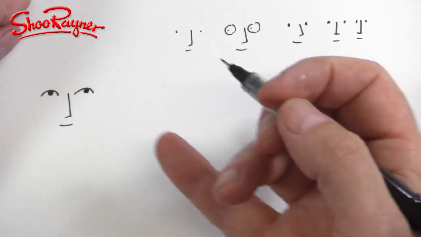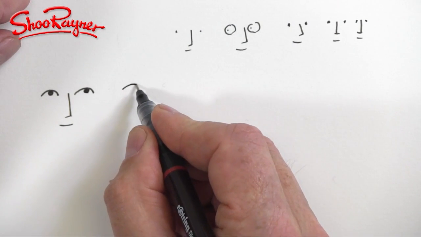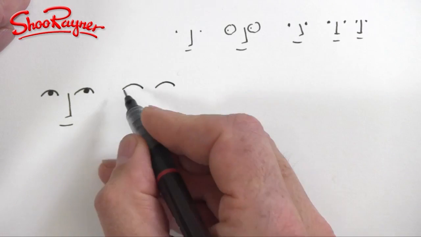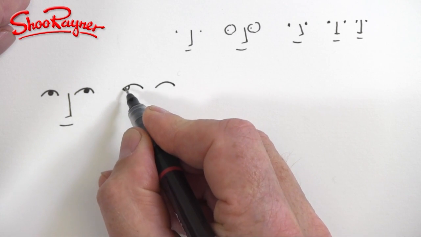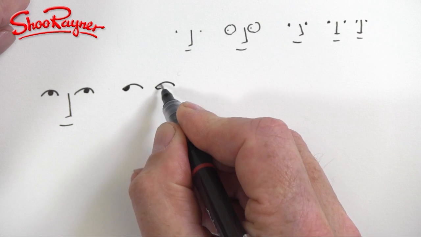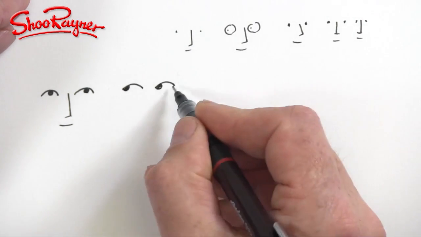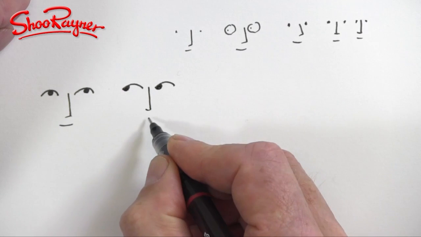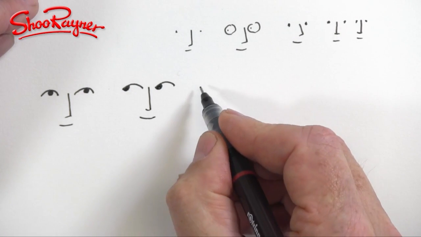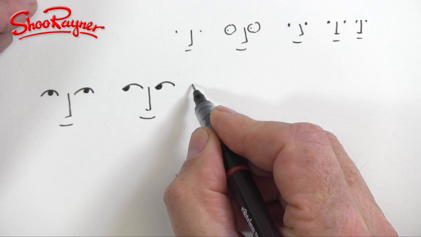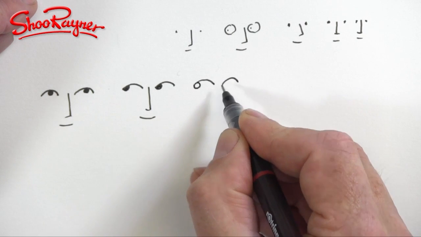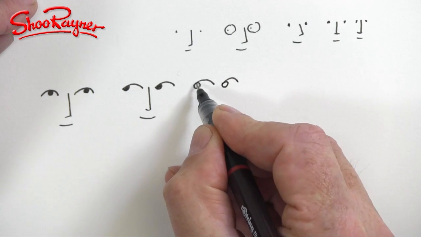And to make the eyes look in different directions, we draw the eyelids there, and then we'll put the eyeballs there. That's looking sideways and slightly upwards. Let's put some expression in. We could do the same thing but with more of a circle there.